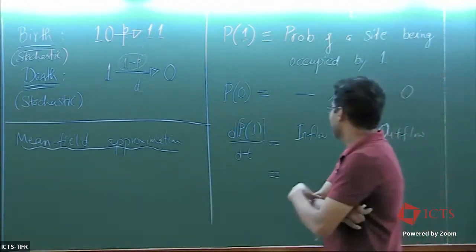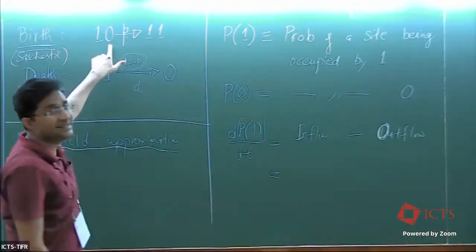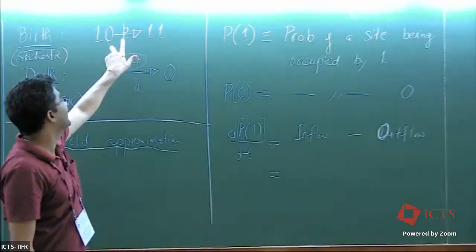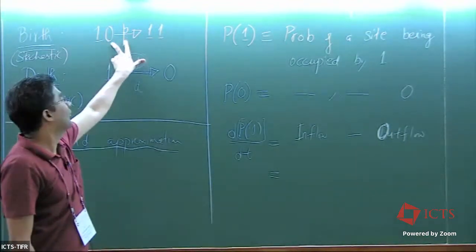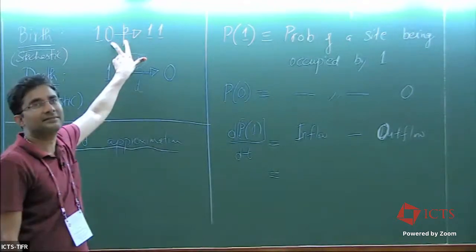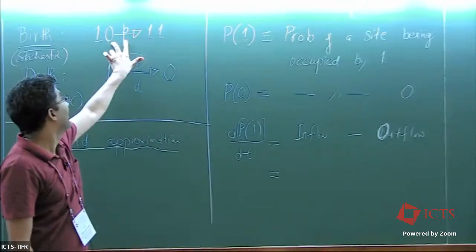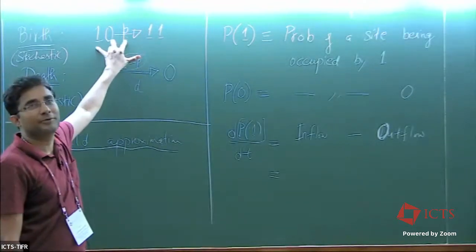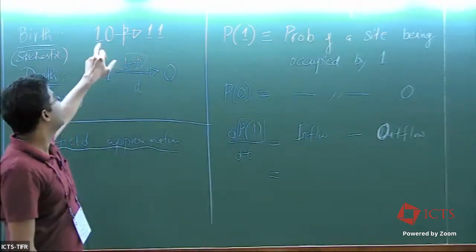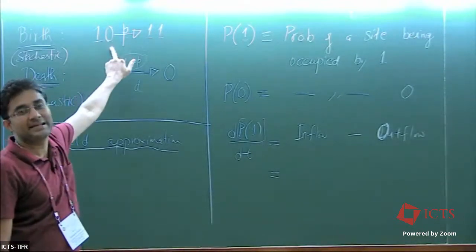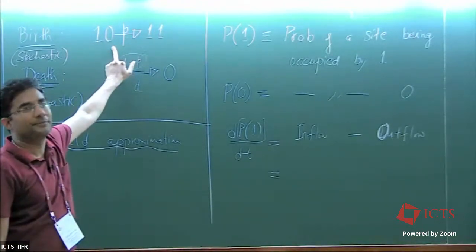Okay, that's a very good point. So the site has to be empty for it, and then there is a probability P, right? What else? Are these the only two things? What else do you need? What about this? So you need to have somebody to germinate or somebody to give birth, right?